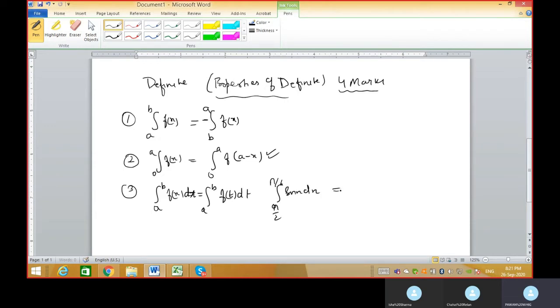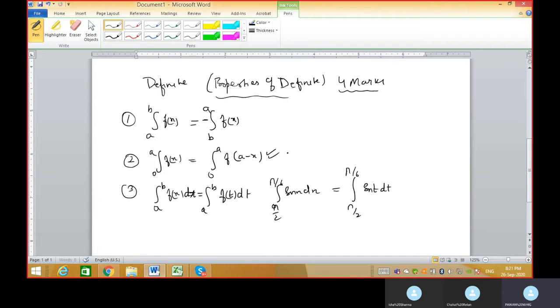The answer will remain the same if you do the integral of sin t dt. There is no difference between these two kinds of questions. They both are the same, so at any instance of the question, you can replace x with t. So this is again a very important property.